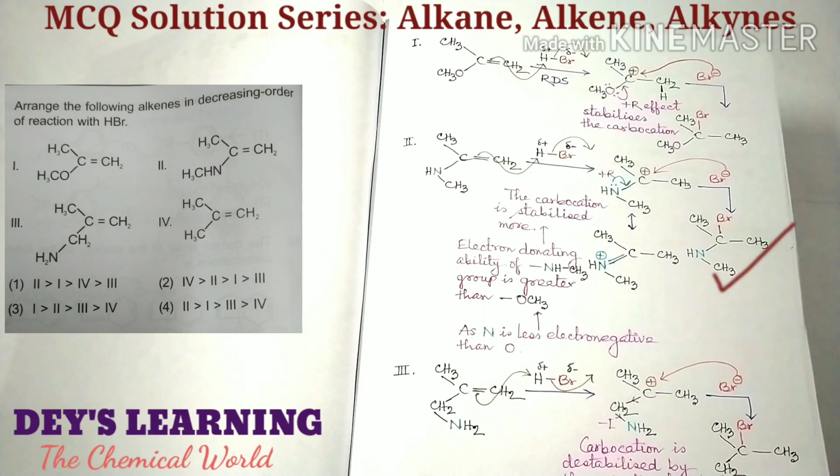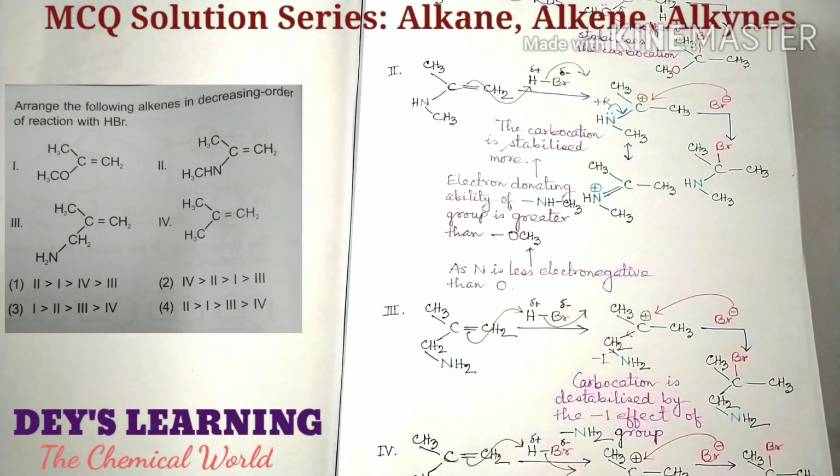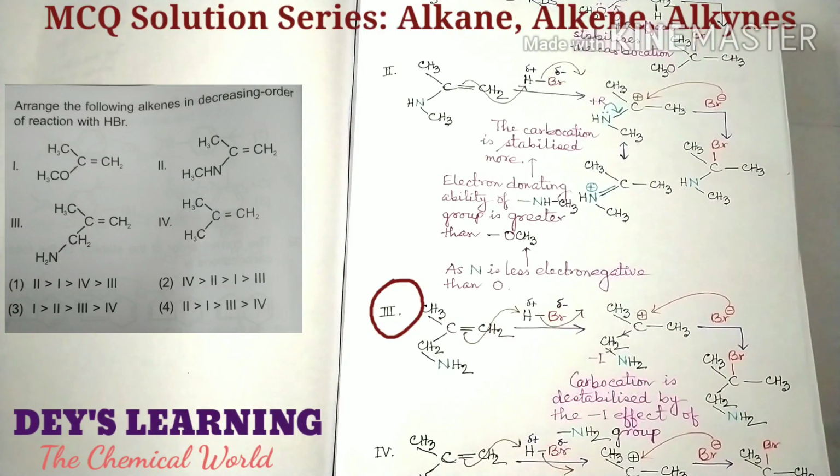attacks the carbocation and the product is obtained. Now in case of compound 3, the double bond donates its electron to hydrogen, and this carbocation is formed. Now in this carbocation, nitrogen is of course there, but it is not at the adjacent position with respect to the carbocation.